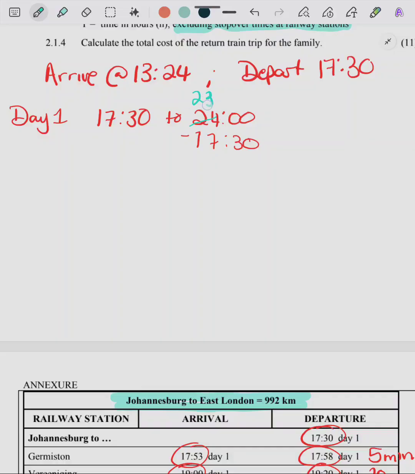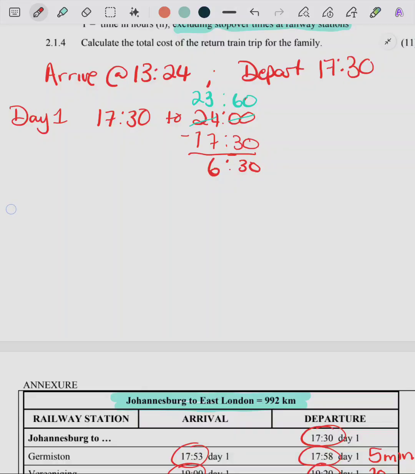So 23 hours and 60 minutes. Then 60 minus 30 is 30, and 23 minus 17 gives me 6. So I have 6 hours and 30 minutes on day 1.